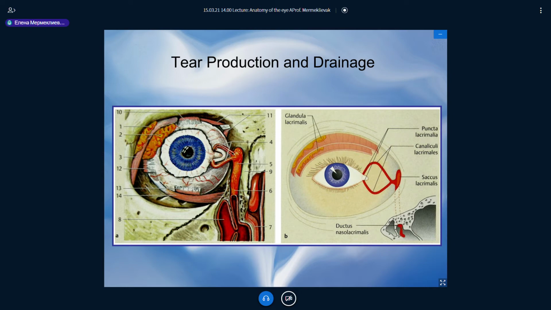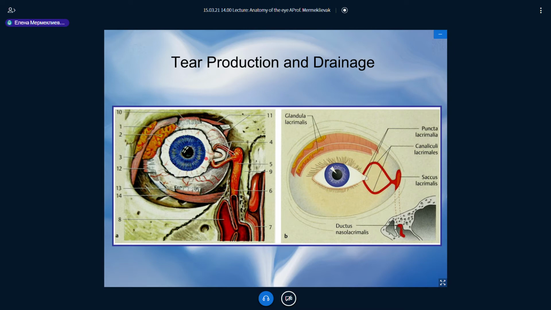The lacrimal system consists of tear production structures and tear drainage structures. The tear production is mainly from the lacrimal gland, but in the conjunctiva we have additional accessory tear gland production.